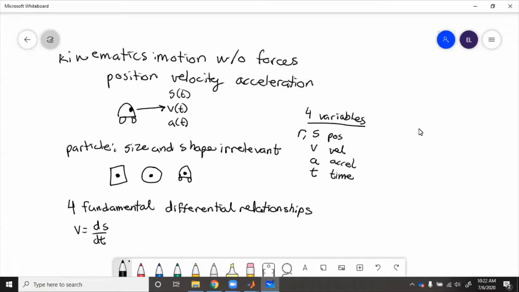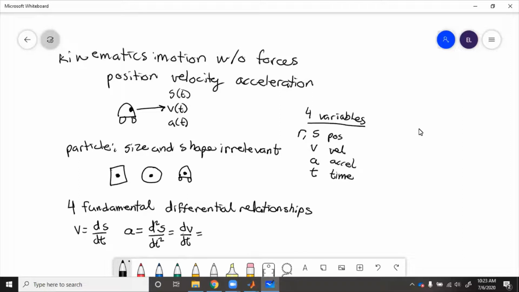So the next one is acceleration. Acceleration is the derivative of velocity. So that is the second derivative of position, or dv dt. Or if you don't have time, but you have the other stuff, there's a fourth one.